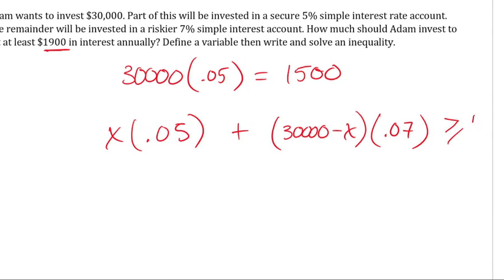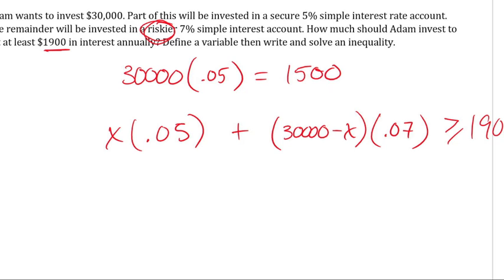If we were to solve this as an equation, it's going to give us the boundary point, on one side of which he's making the $1,900 and on the other he's not. There is a problem with this one being riskier, because he's not always going to get 7%. So maybe you want to make it as safe as possible. But basically, we just have to solve this inequality.